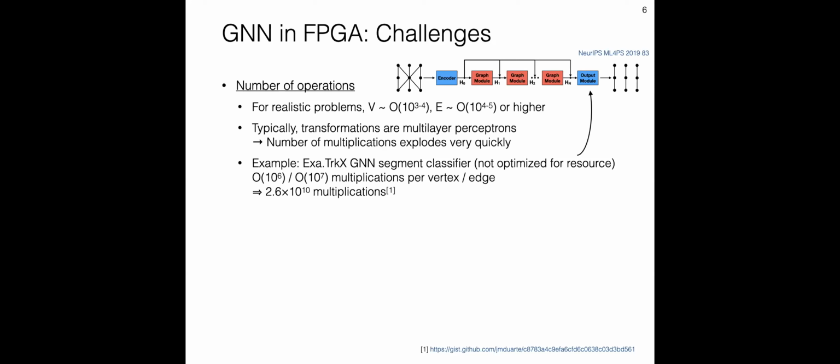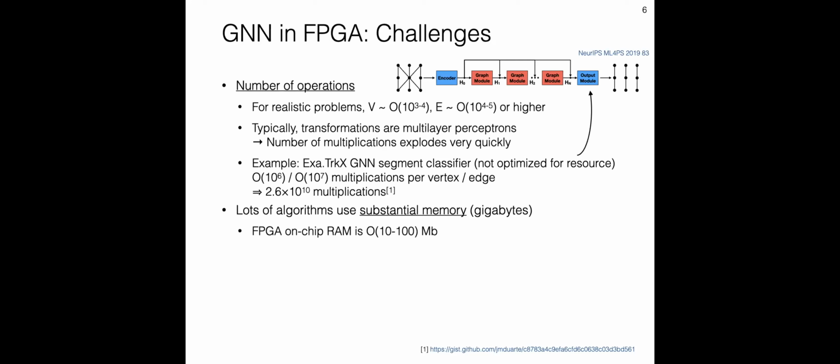And so if you have multiple graph modules, these are the graph network blocks that I mentioned, you end up with 10 to the 10th multiplications. A model like that cannot fit on an FPGA without reducing the number of vertices, like just making the input smaller, or compressing the model a lot to use much fewer multiplications.